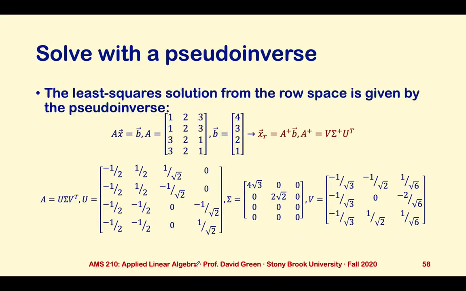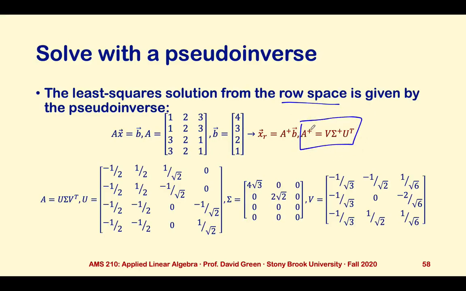These sorts of problems, we take a two-step approach. First, we find a solution, a particular solution. We can find that particular solution, in fact, from the row space, using a pseudo-inverse, but a pseudo-inverse defined with the singular value decomposition.